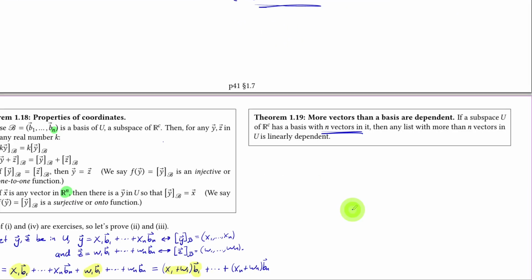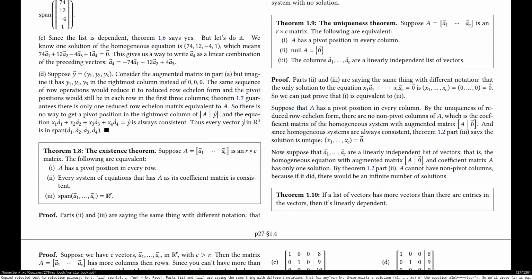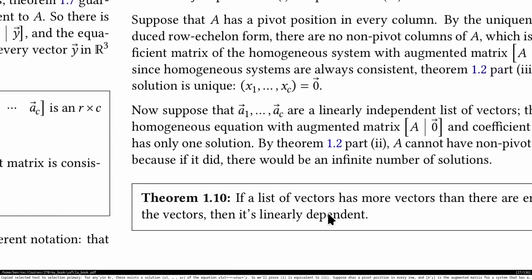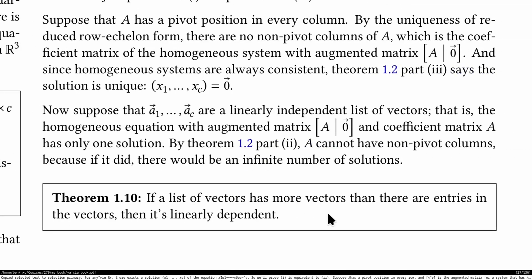So I'll just give the gist of this out loud and then write it out in a more formal way. The gist of it is that this corresponds very closely with theorem 1.10, the thing that says if a list of vectors has more vectors than there are entries in the vectors, then it's linearly dependent. So we're actually going to use theorem 1.10 here.